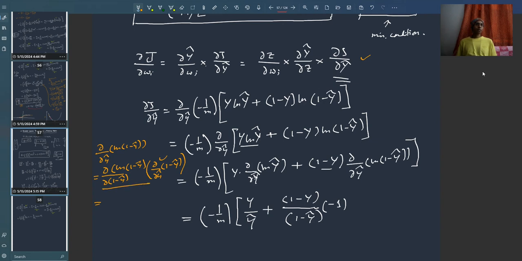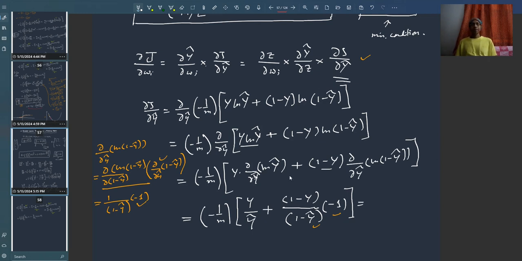Now this expression becomes 1 by 1 minus y hat. This expression becomes minus 1, because del 1 of del y hat is 0 and del minus y hat of del y hat is minus 1. So this becomes minus 1. That's how we get this expression. So we close the parenthesis.